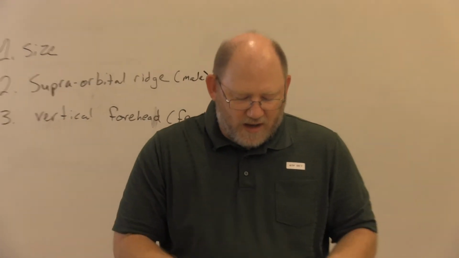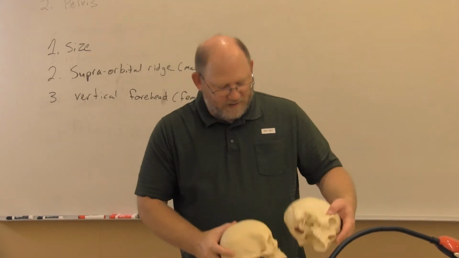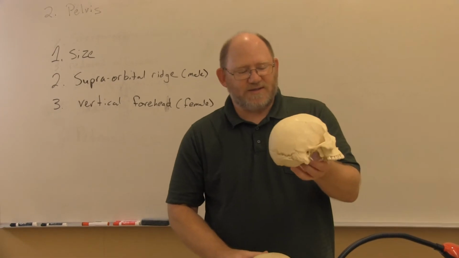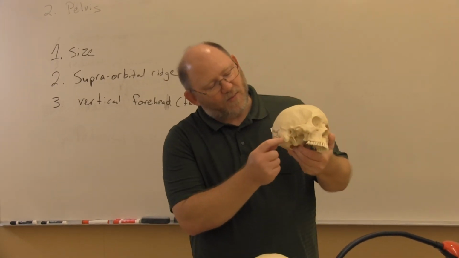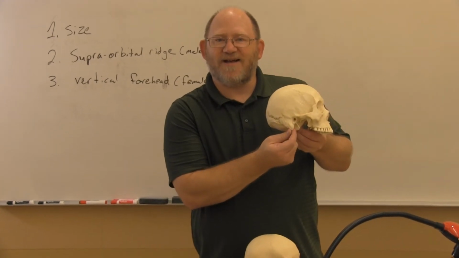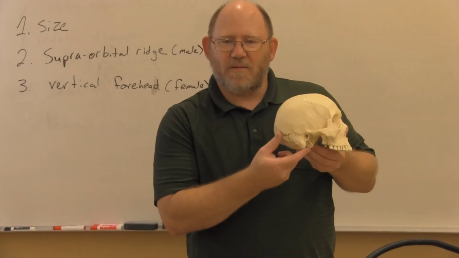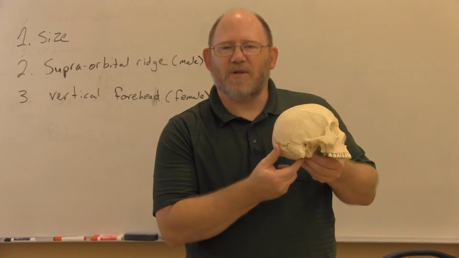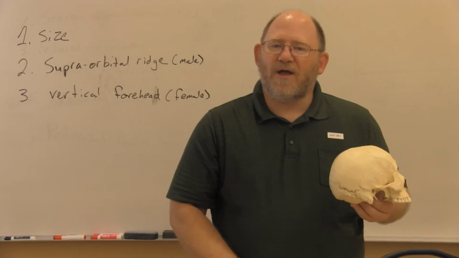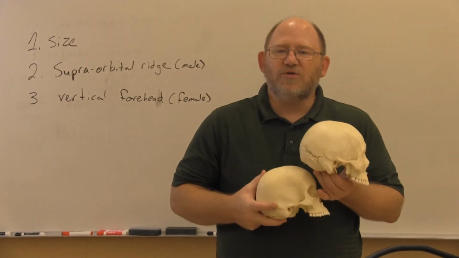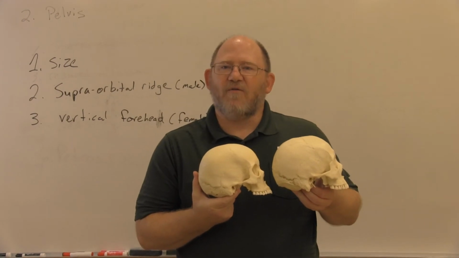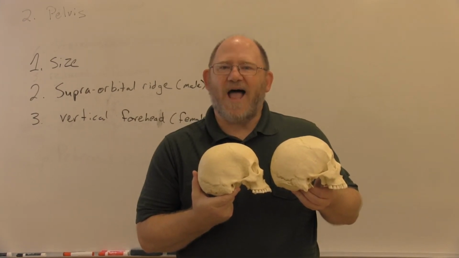And in males, the mastoid process is larger. So you can see on this individual, the mastoid process not only overall is bigger, it also projects much further below the external auditory meatus. So what does the mastoid process do? It provides a muscle attachment location for the muscles on the side of your neck.